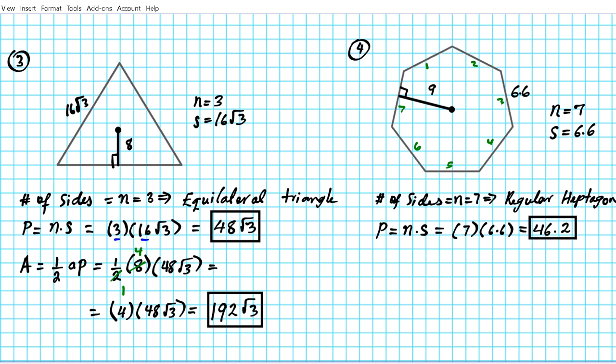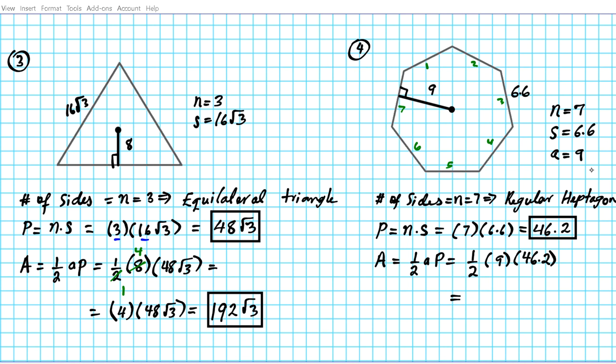And then we have to find the area. Area A is half of the apothem times the perimeter. The apothem here, as you can see, is 9. So our area is going to be 1/2 of the apothem, which is 9, times the perimeter, which is 46.2. Let's carry out that calculation.